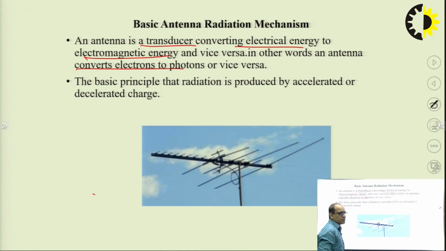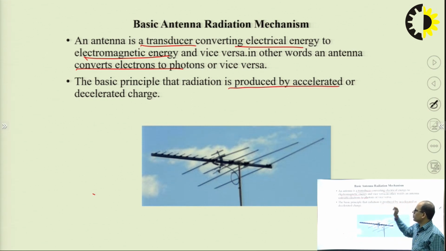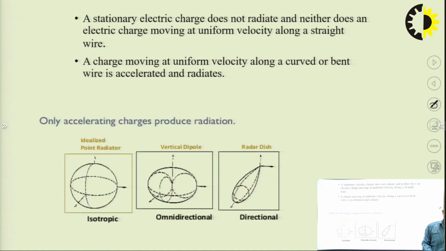The basic principle behind radiation is that radiation is always produced by accelerated or decelerated charges. When there is a movement of charges in the transmission line or the antenna, and these charges are either accelerated or decelerated, only then will radiation be produced.